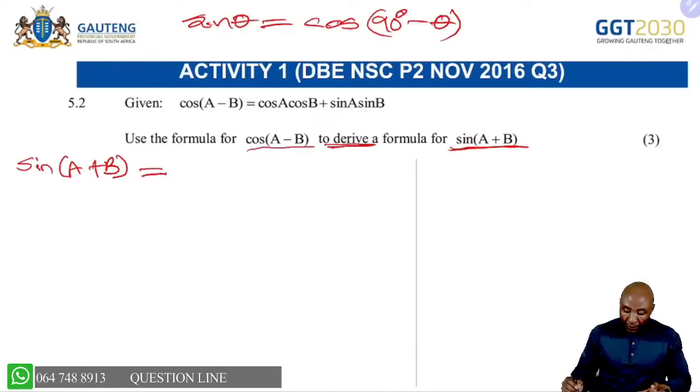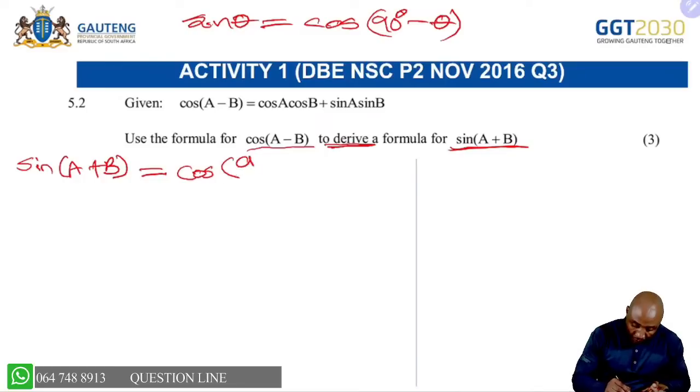So we start from there. Treat this A plus B as your 90 minus theta, as your theta, sorry. And then how will this look like? It would look like cos of 90 minus A plus B.